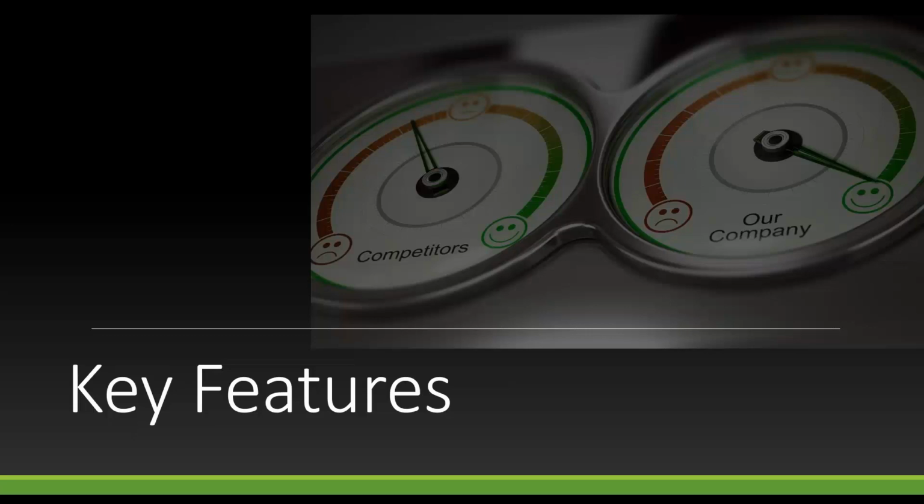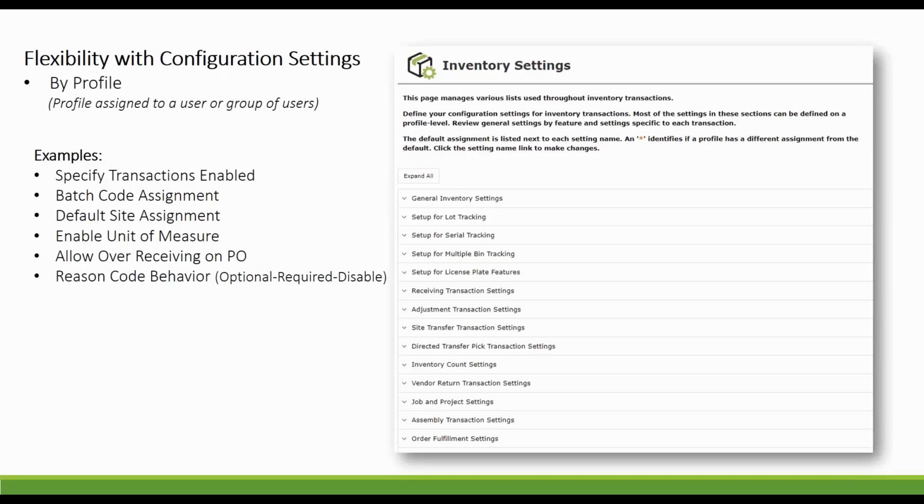Now we'll look at some of the key features in the Panatracker system. First of all, a major feature is the flexibility within our configuration settings for the Panatracker application. As I mentioned, we do support profiles. This is a profile assigned to a user or a group of users.